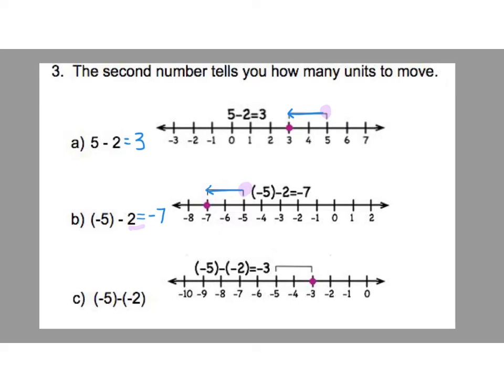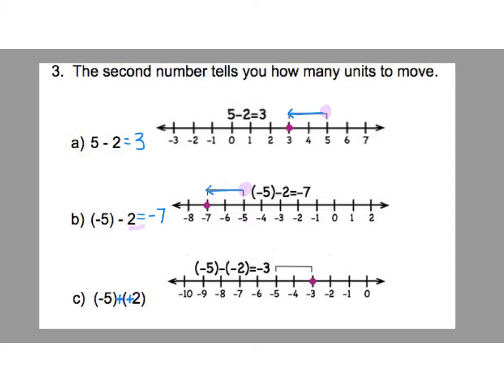So we need to make these into positive plus signs. So instead of negative 5 minus negative 2, it will be negative 5 plus positive 2. We need to change these signs before we start marking our numbers on the number line.